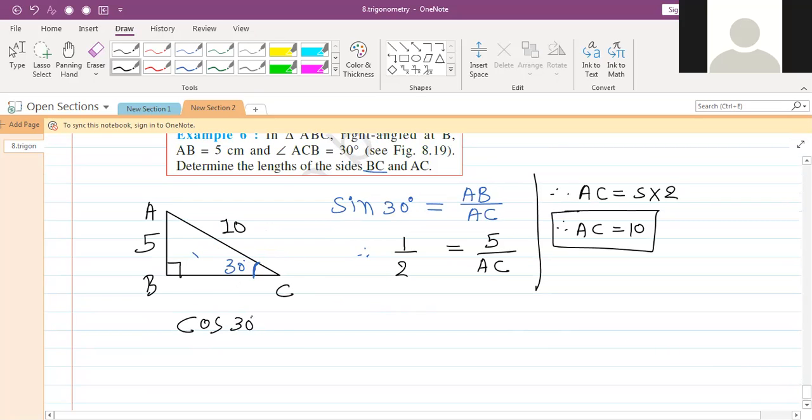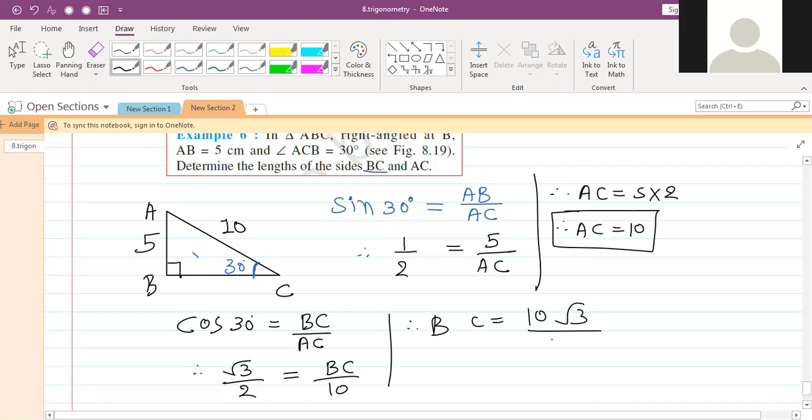That is BC upon AC, because we have already found AC, and cos 30 is root 3 by 2. BC we have to find, and AC is 10. So we get BC is equal to 10 root 3 divided by 2, and that is equal to 5 root 3. Understand?